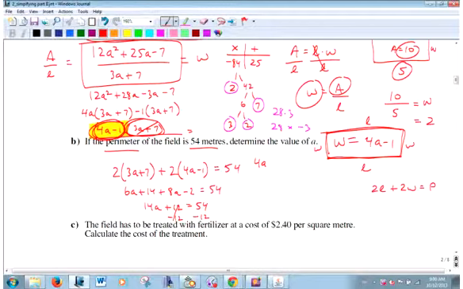So 14a is 42. 14a divided by 14. Does 14 go into 42 nicely? 3 times. Well, that's nice. By the way, that's what I'm doing. Determine the value of a. There it is.